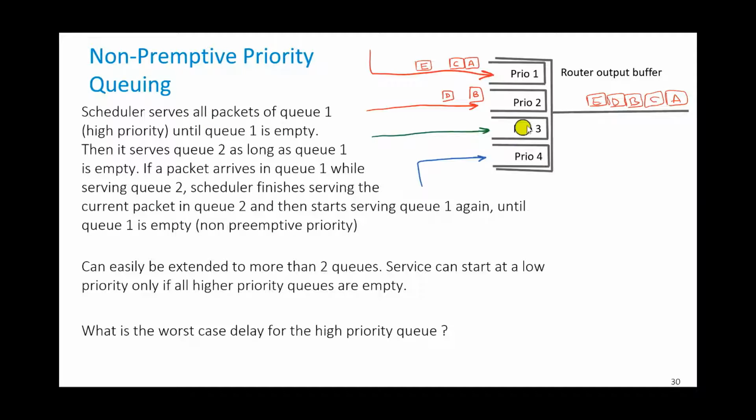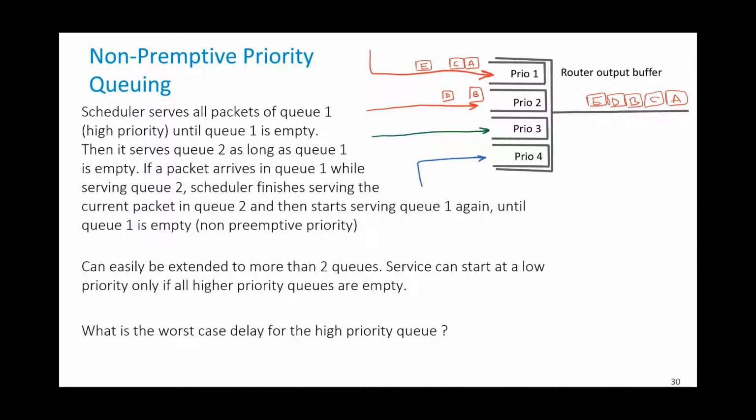So a non-preemptive priority queue is, for example, on the output of a buffer here, I'm showing 4 priority levels. Priority 1 means it's like in the train system, it's first class, so it's high priority. 2, 3, 4 is less priority. Then the server does the following. It always looks at the priority 1 queue. Whenever the server is finished sending a packet, it visits priority 1.